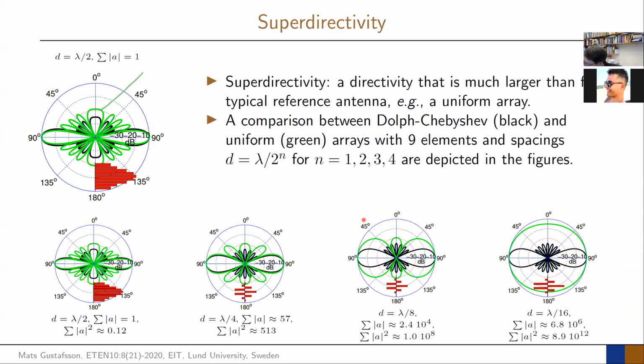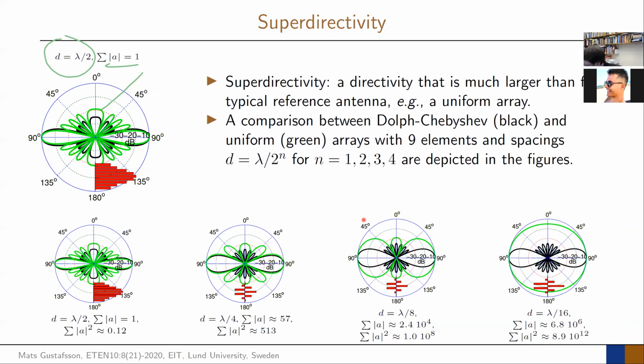And if I do them first for lambda over 2, the sum of the absolute values of the elements is always 1. Perfect. This is your case. So you can see that your Dolph-Chebyshev has almost the same beam width as the uniform, slightly wider, but the side lobe level is much better. So of course, it's beautiful in some ways.